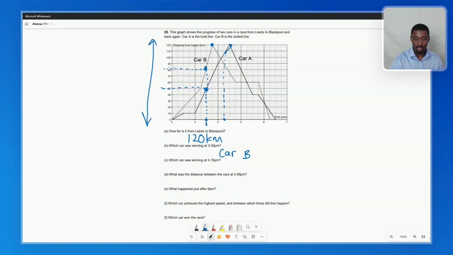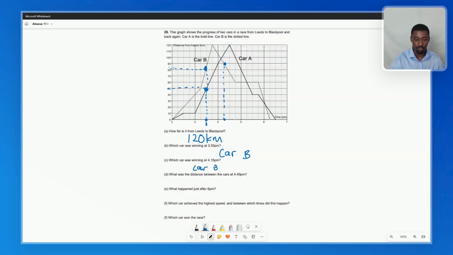So even though the line is higher, car A is still losing because car B is on its way back to Leeds. And therefore at 4:15, car B is still winning.